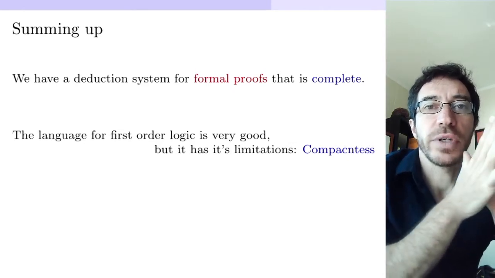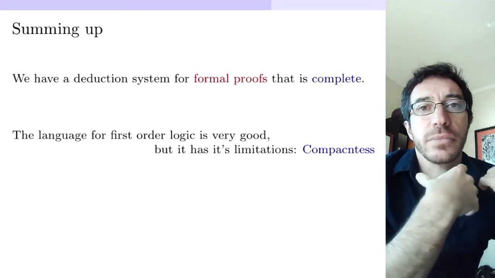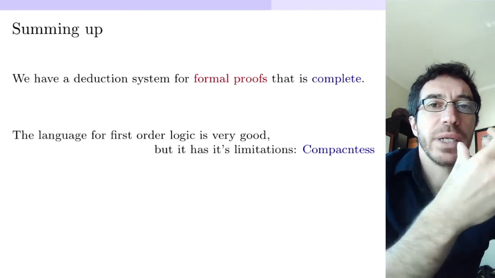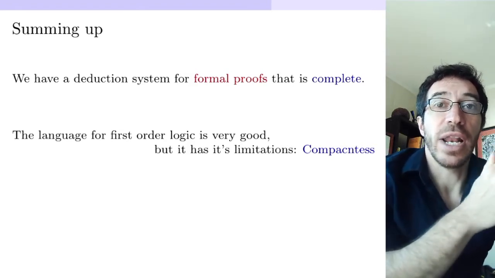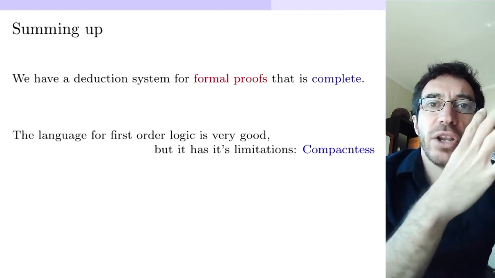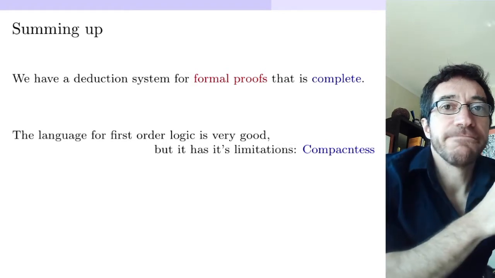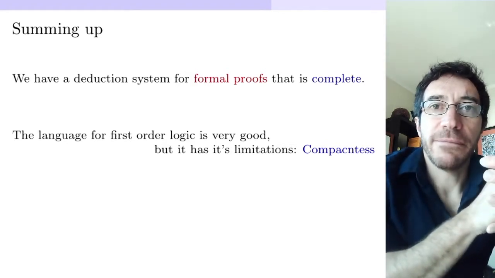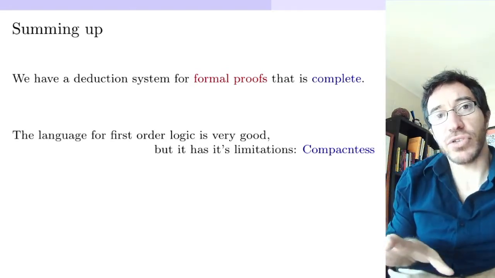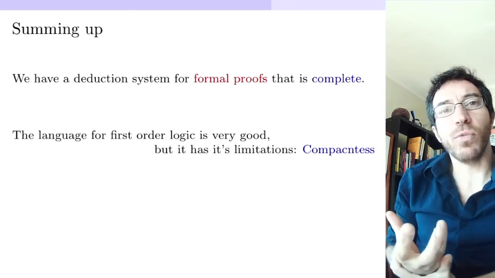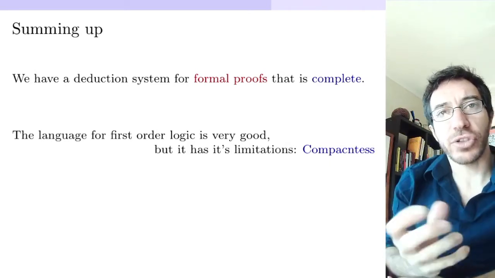Using compactness, which was an important tool, we were able to show things that are not definable, classes of structures that are not elementary. We saw a lot of things that we couldn't do in first order logic, essentially because the language is not that comprehensive. That was our way of understanding how good first order logic is and what you can do with it, the combinatorics of first order logic.